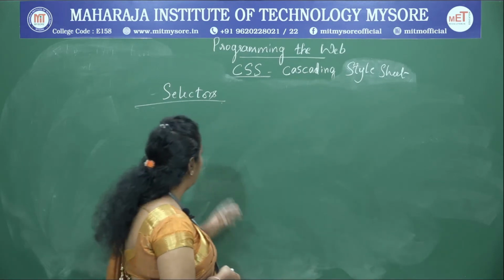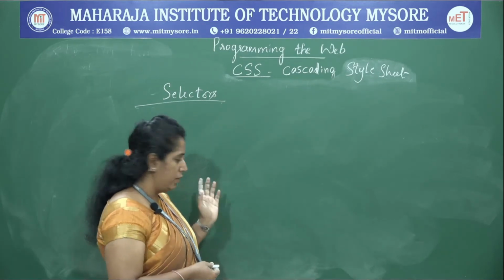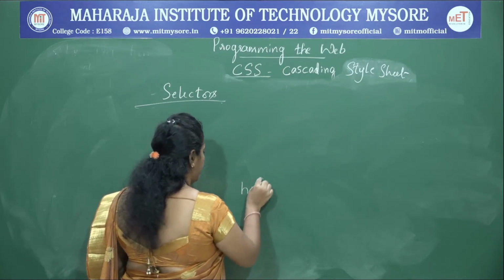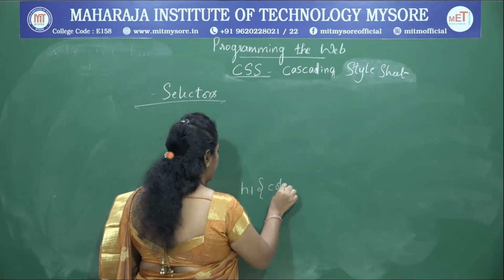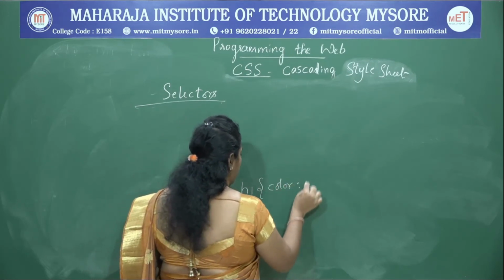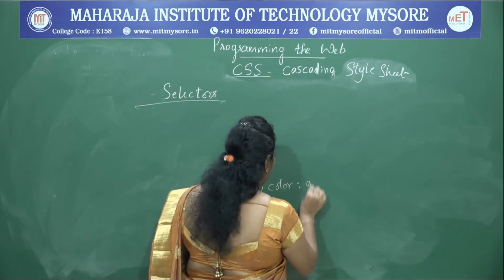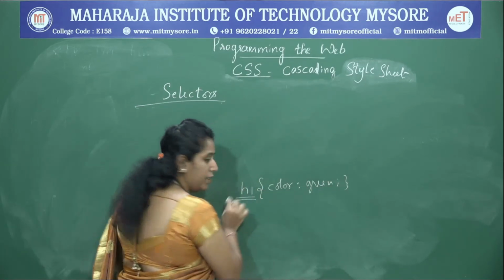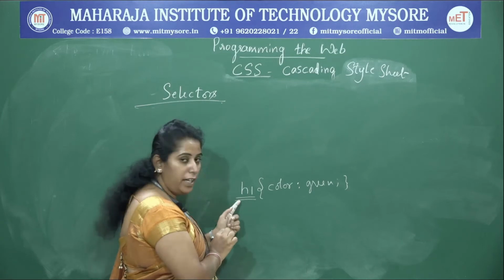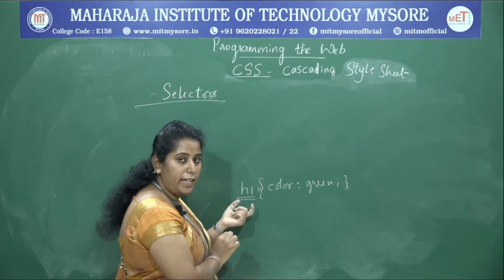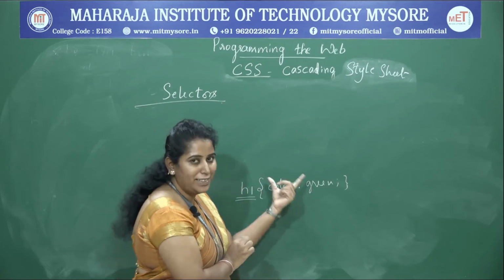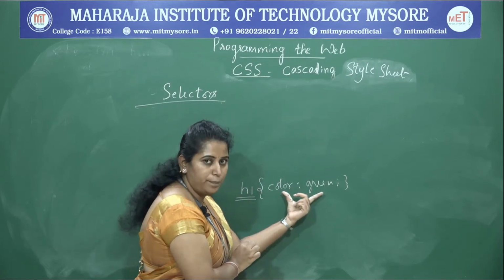For example, H1 color green. So this is what I am calling a selector. A selector identifies for which particular tag in an HTML will be affected with this particular style. This is the set of style.